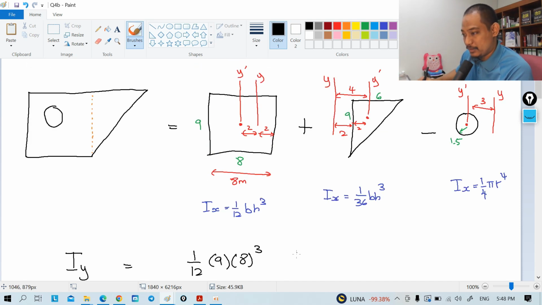Okay, here then plus 1/36, so 9 6 cube, right?